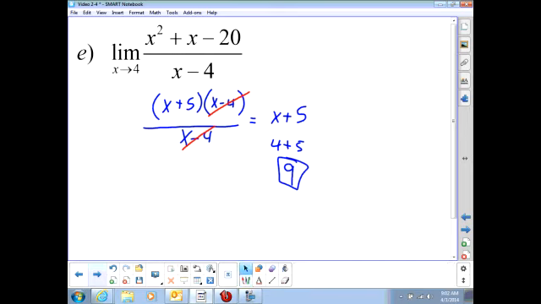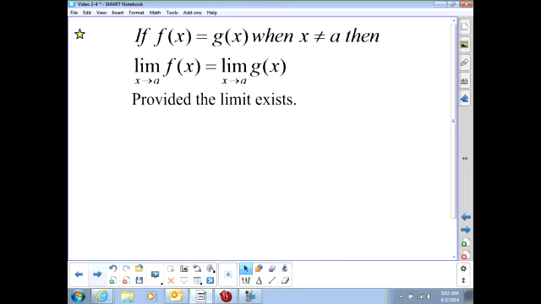So this fact that allows us to do this is actually another theorem that we'll have. If you've got two functions, f of x and g of x, that are the same but not necessarily when x equals the value you're approaching, then your limits would be the same.